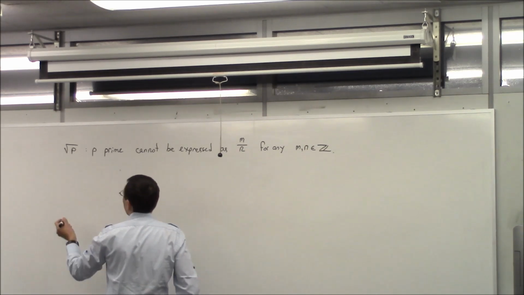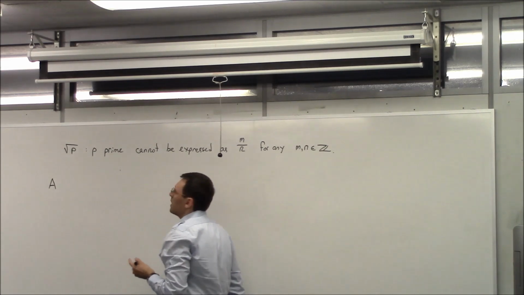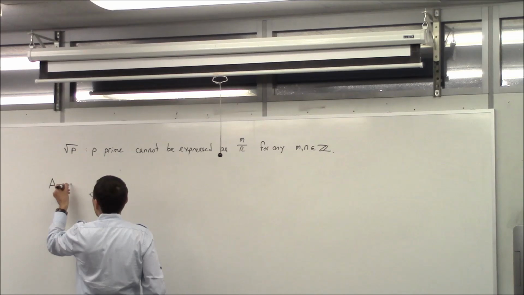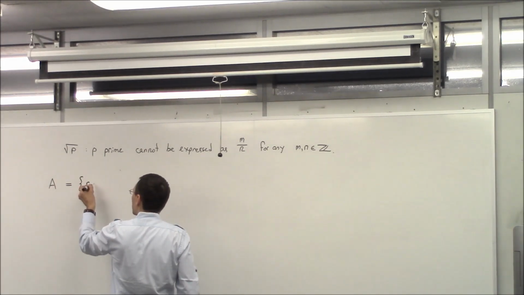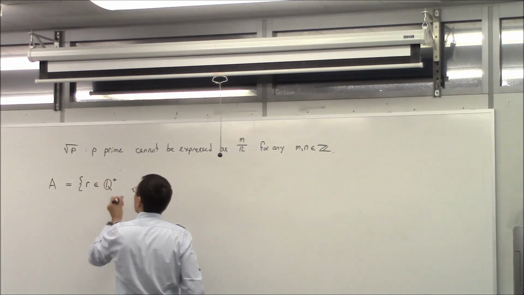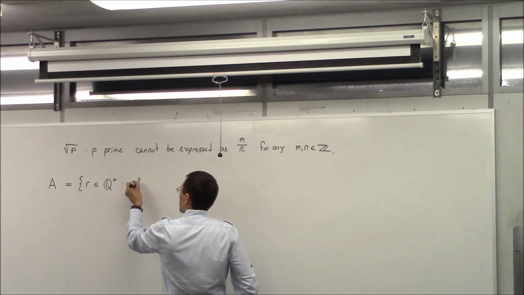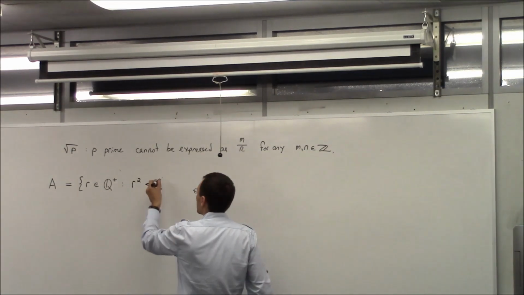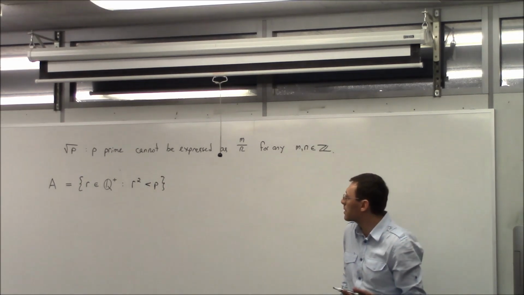Okay, so what you can try doing is you can try seeing which numbers lie below the root. They are like the root of p but smaller. So let's say those would be r, rational numbers that are positive, such that if you square the number, you get something smaller than p. Okay, so the set A is just of positive rational numbers.